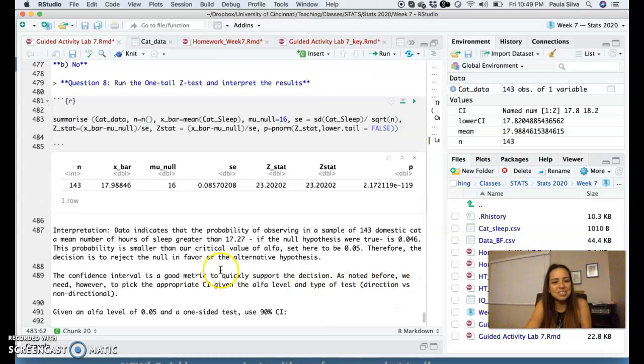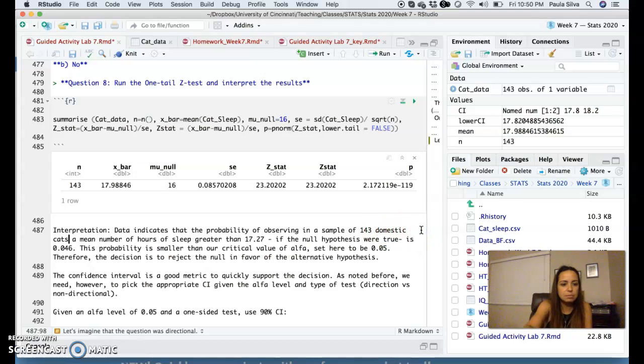So the conclusion is that data indicates that the probability of observing, in a sample of 143 domestic cats, a mean number of hours of sleep greater than 17.99, if the null hypothesis were true, is very, very small, right?